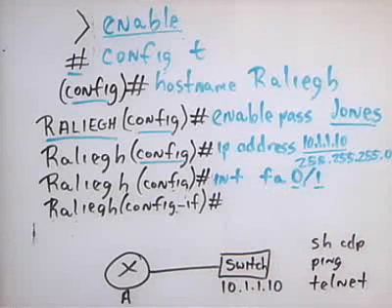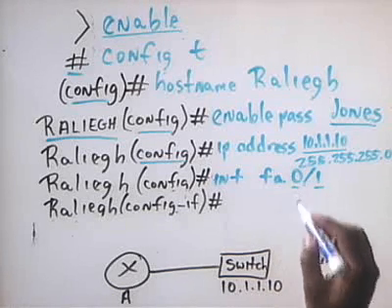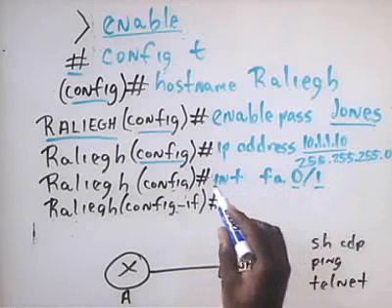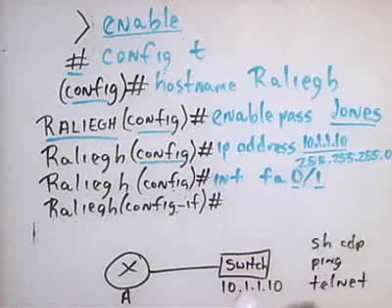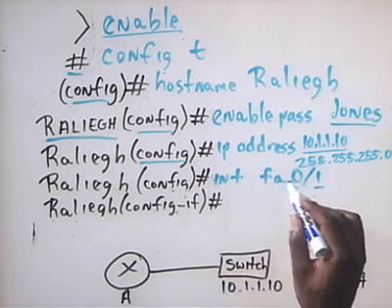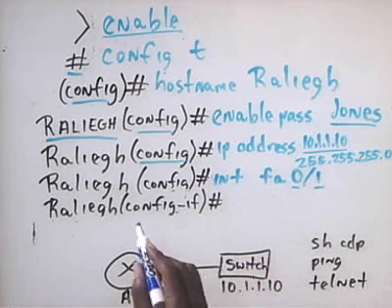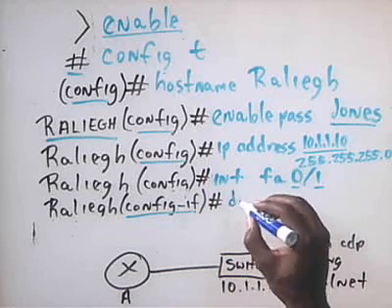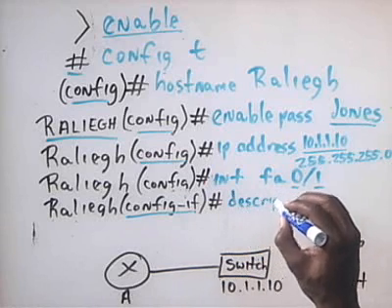I think the switch has sort of a delusion of grandeur there. It thinks that it's got multiple modules, but there's really only one. We still have to indicate that 0 for the module in the syntax there. So interface fast Ethernet 0/1. This puts us in interface configuration mode on the switch, at which point we can set a description.